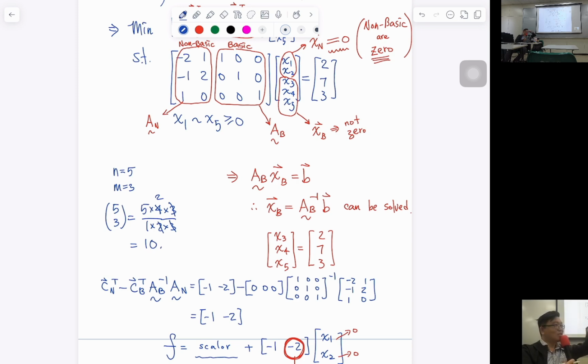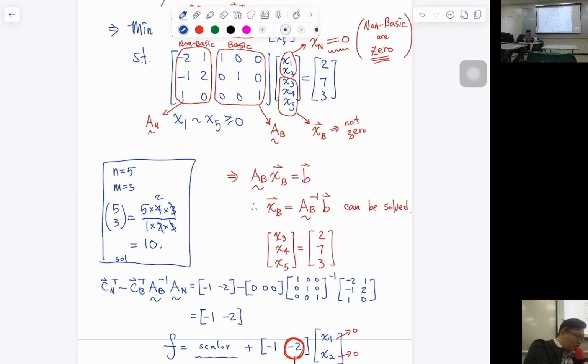We only explore probably 3 or 4. We smartly choose 3 or 4 possible combinations, and then we find the solution. So this is the total solution combination.